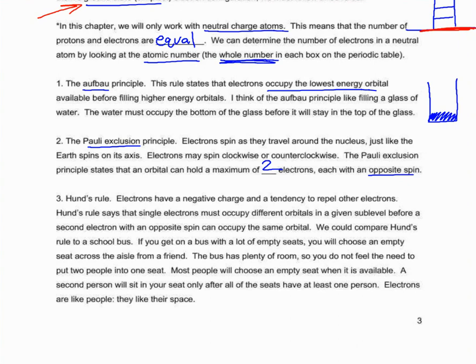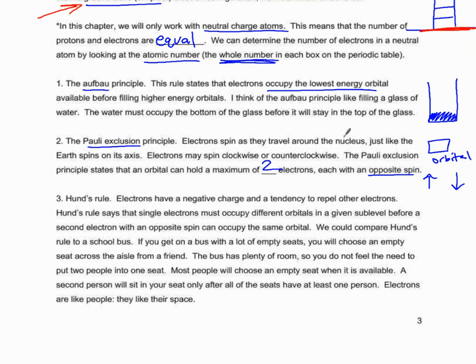So when we represent these later, an orbital is going to be represented by a box, just a box like this. Here's the orbital. And as far as the electrons and their spins, here's an electron with a spin in one direction. Here's an electron with a spin in a different direction.